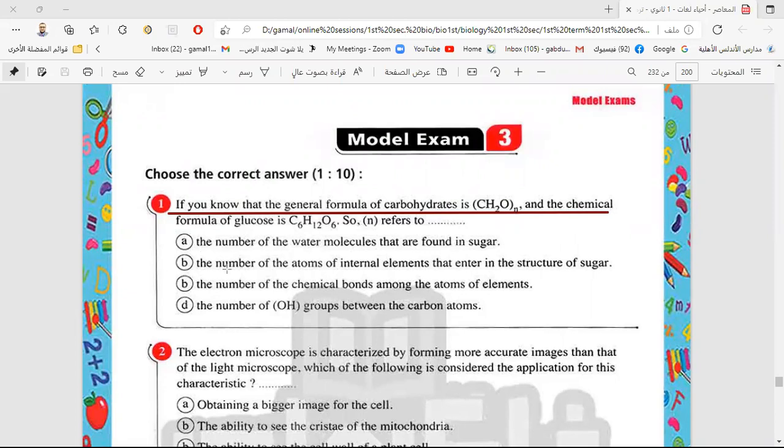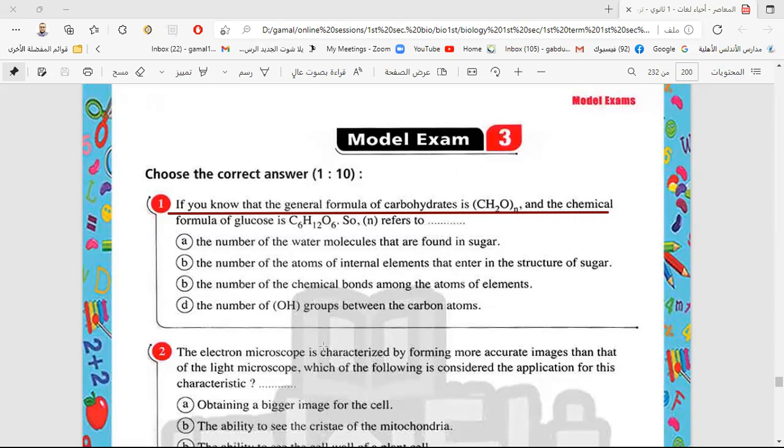B, the number of the atoms of the internal elements that enter the structure of sugar. C, the number of chemical bonds among the atoms of elements. D, the number of OH groups, hydroxyl groups, between carbon atoms.